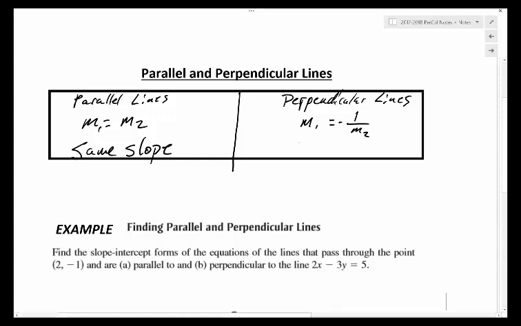So in other words, if the slope of one line is 2, its perpendicular slope is negative 1/2, because I take the slope, flip the fraction, and change the sign.